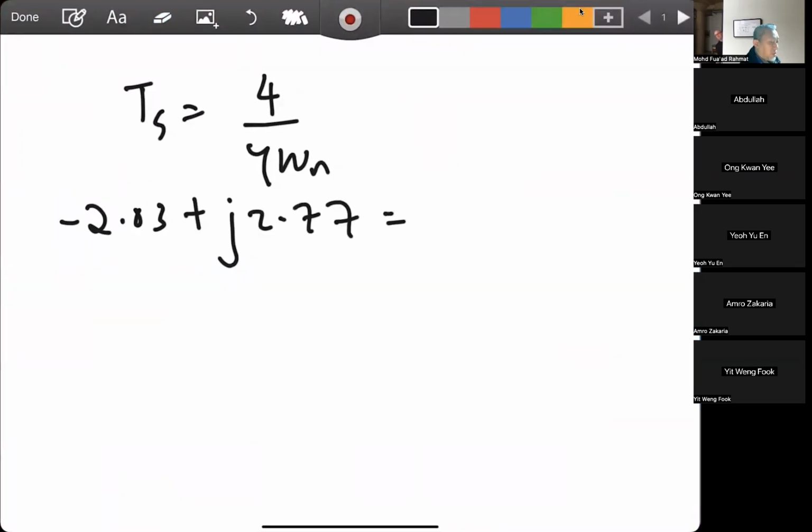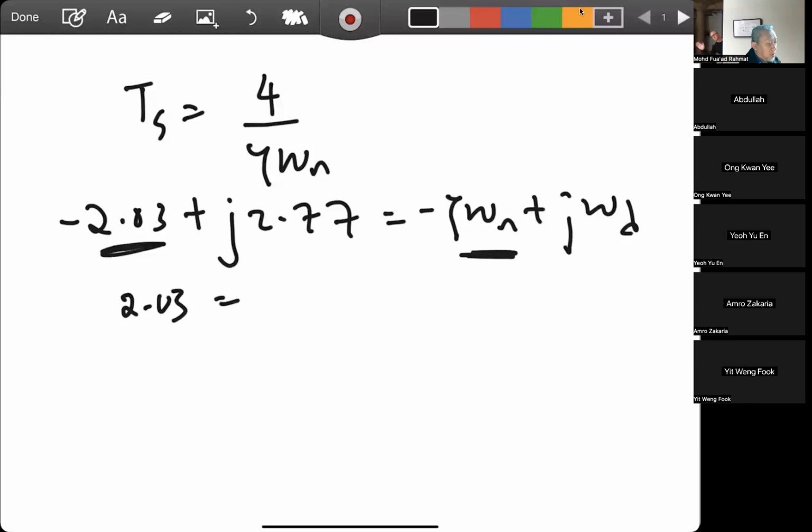2.77, which is equal to minus zeta omega n plus j omega d. So you can see here the real part is zeta omega n, so 2.03 is equal to zeta omega n. You use this, which is Ts.